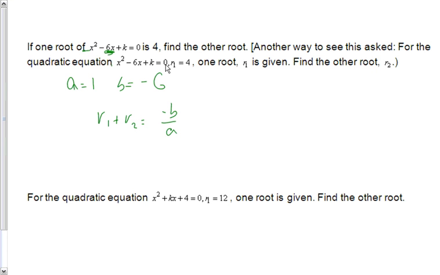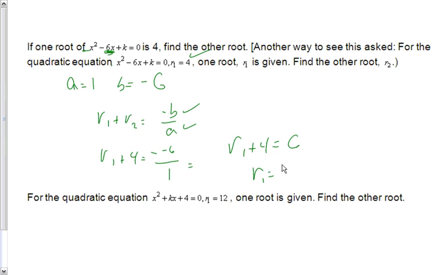Do I have the pieces? I have a root, 4. Got that? Root 1 plus 4 equals negative negative 6 over 1, which equals 6. If I have a little info, I can get so much from it. Does this root 1 or root 2, whatever, it's arbitrary.